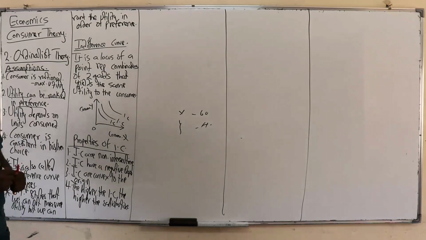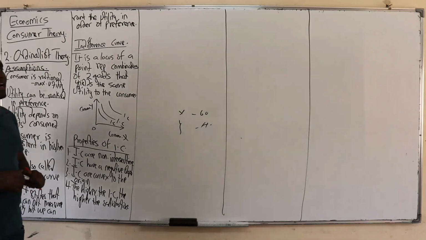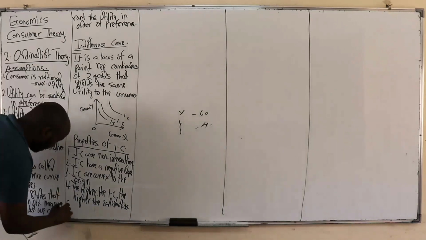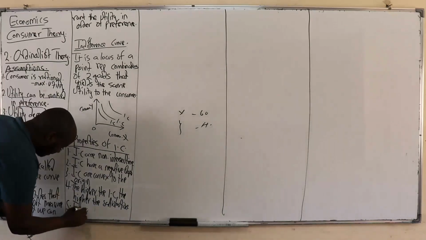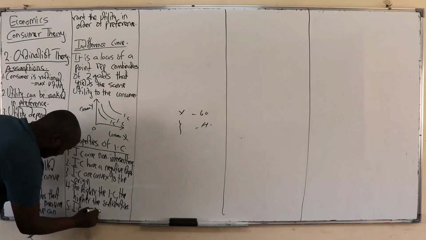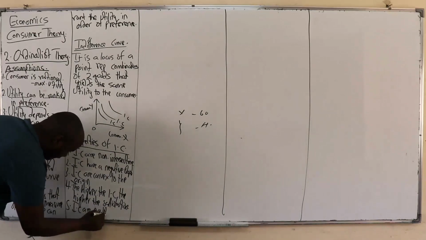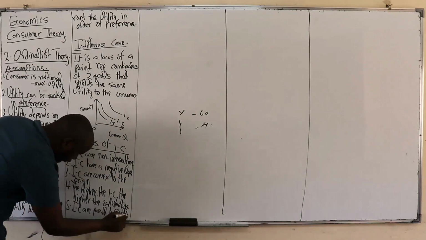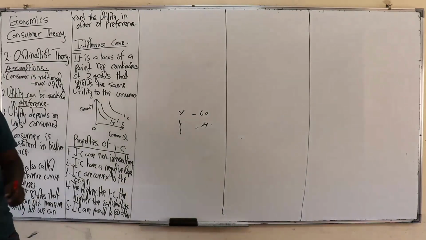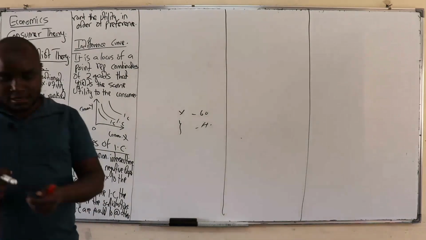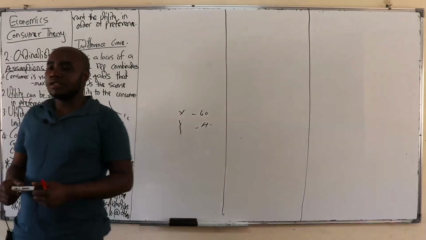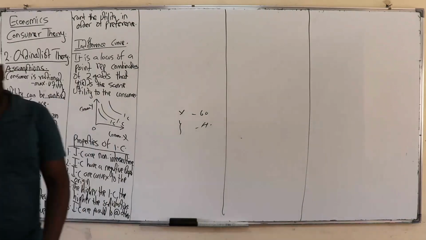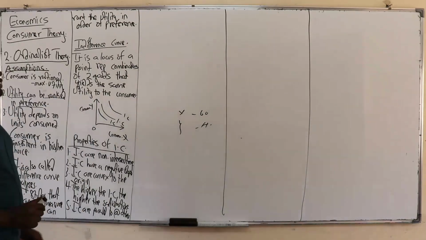Then the next one is that indifference curves are parallel to each other. In short, that's why they do not intersect. And lastly, indifference curves never touch the axis.